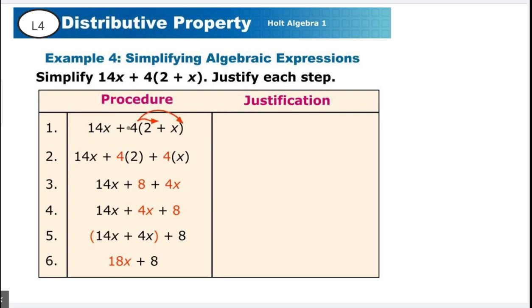Okay, 14x plus 4 times 2, this is given, right? So this is the problem. They just rewrote it. Now, they drew the arrows because this next step, what's the property they used? What we're going over today, right? Distributive property.